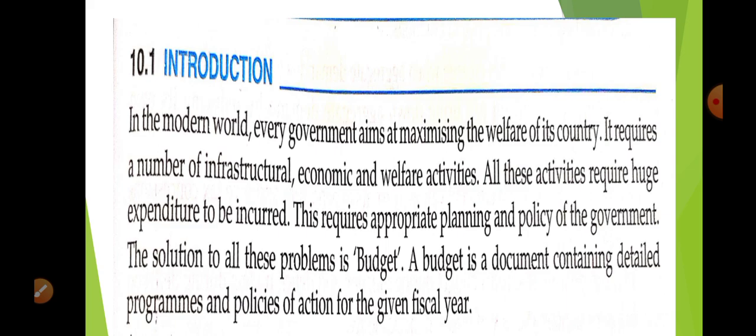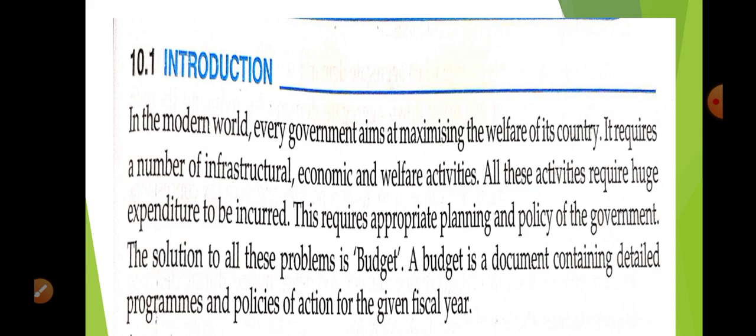And for increasing social welfare, the government constructs this budget. In this budget, the government decides how it is going to spend on different fields or sectors, and how the government is going to earn and receive the money to fulfill its expenditure requirements. So it is all about government expenditure and government receipt, so that social welfare can be maximized.